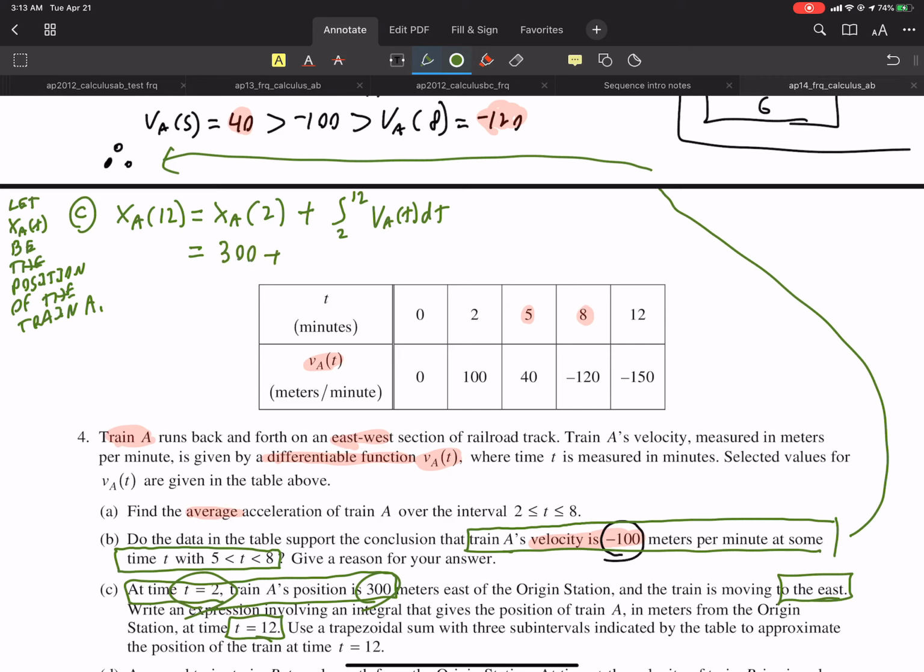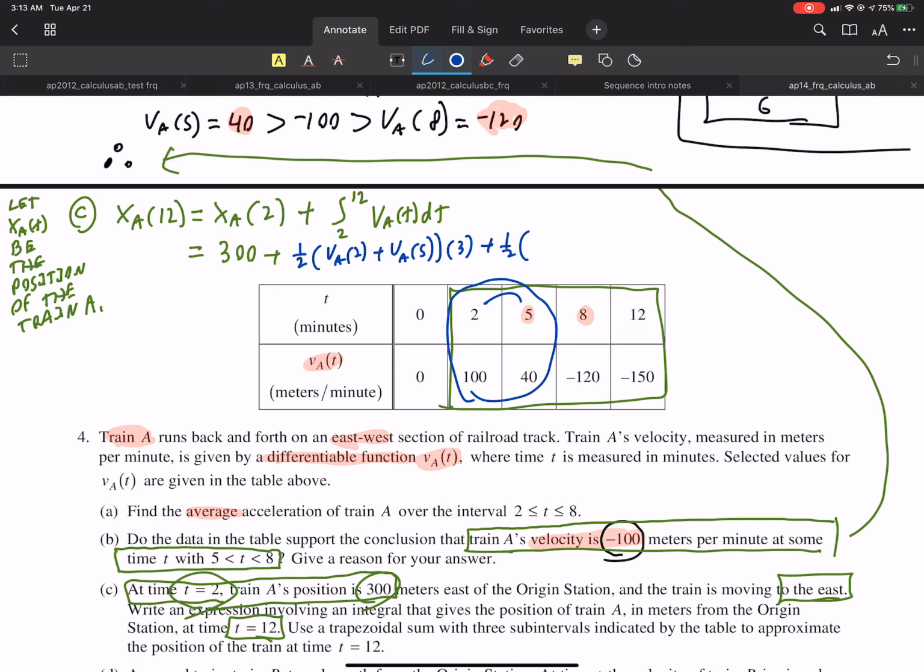Plus, we're going to do a trapezoidal from 2 to 12, from here to here. So I'm going to do each interval in a different color. We're going to do these two first. So it's going to be 1/2 the sum of the bases. That's going to be VA of 2 plus VA of 5 times the width. From here to there, it is 3 wide.